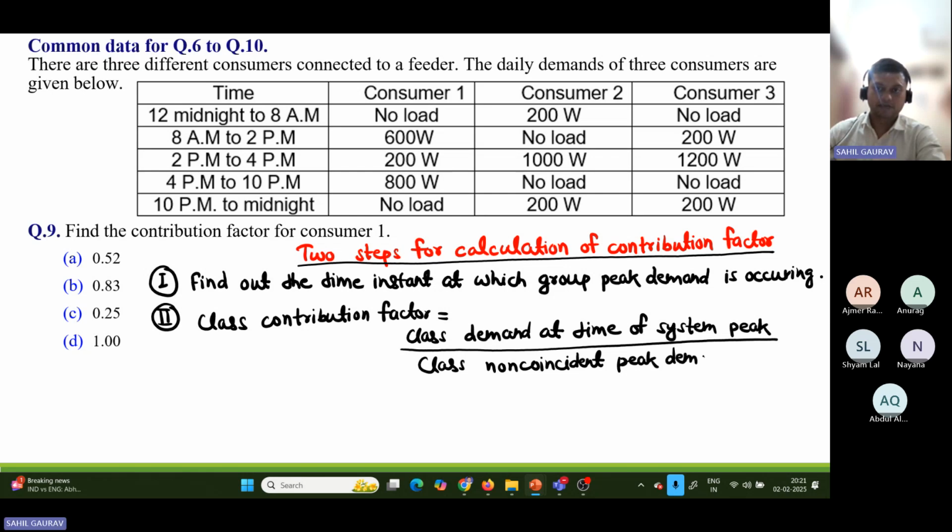Means class individual peak demand. Class non coincidence maximum demand or peak demand.